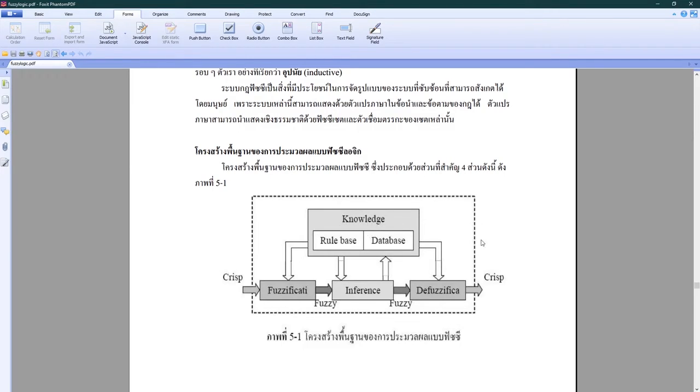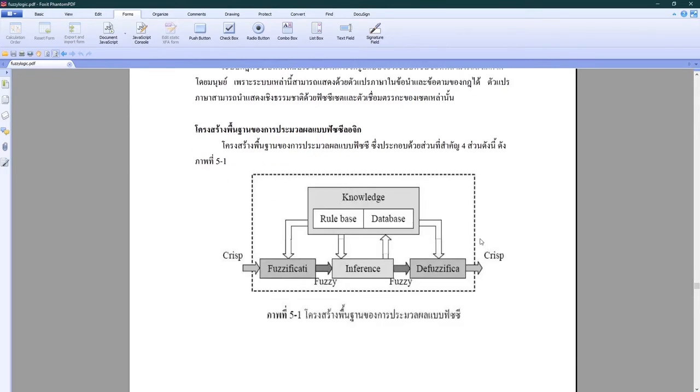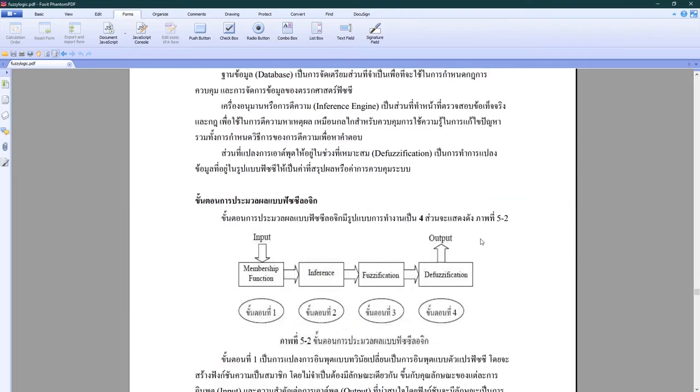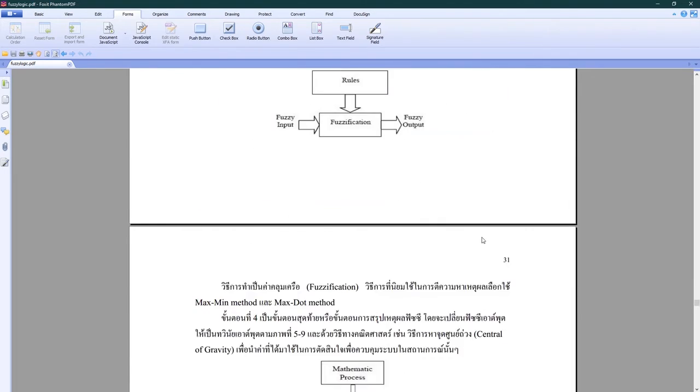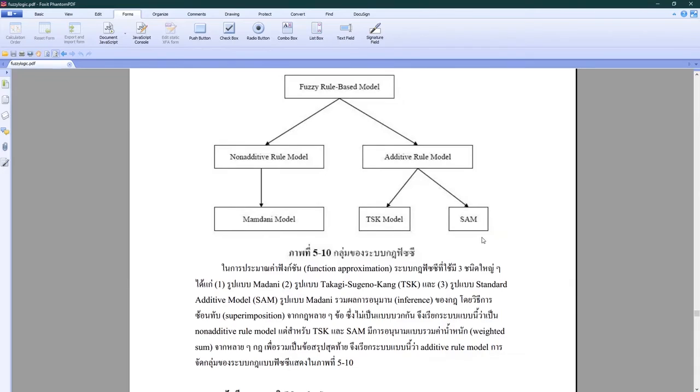Next, the way we set the rules of fuzzy or rule-based mainly has two methods. There are the Mamdani model and the TSK model, which is some kind of Japanese name, I think, and SAM.